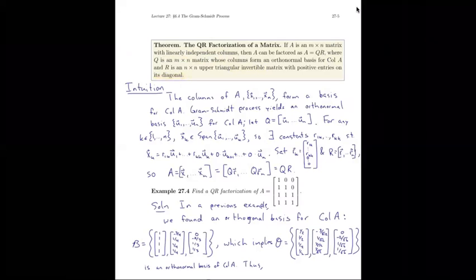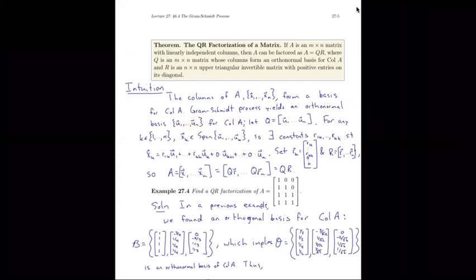Okay, so the intuition for this is to look at A as its columns, x1 through xn. It has n columns, they're all linearly independent, and these form a basis for the column space of A. So this is the subspace W from the Gram-Schmidt process. We use the Gram-Schmidt process to yield an orthonormal basis, u1 through un, for the column space of A. We just run it through the algorithm of the previous theorem.